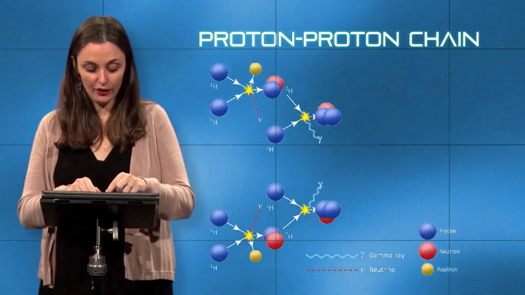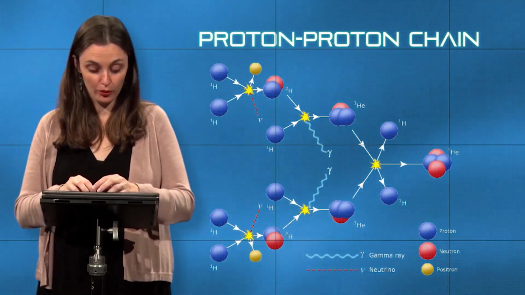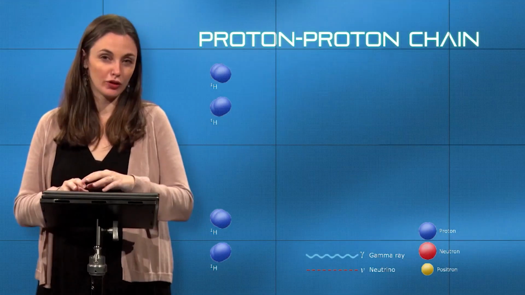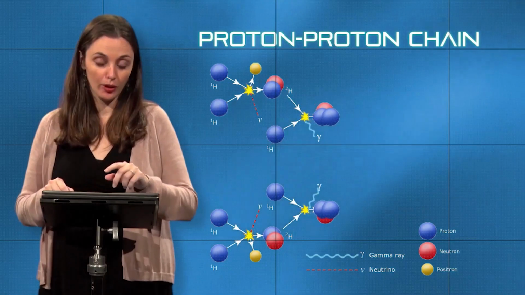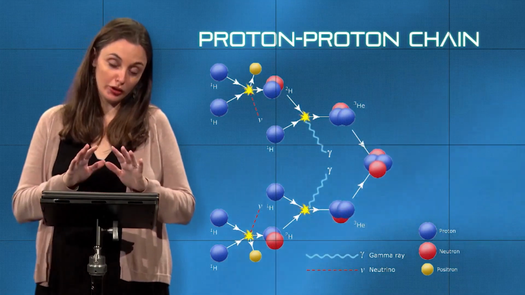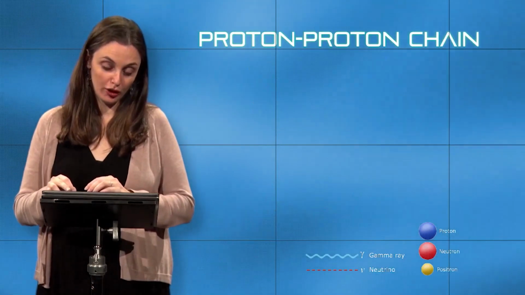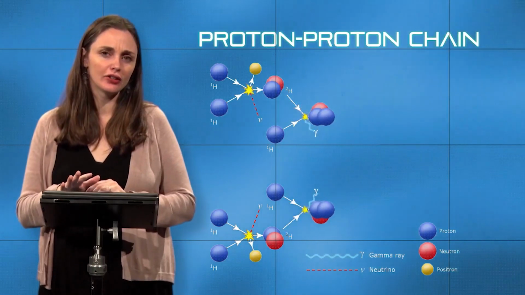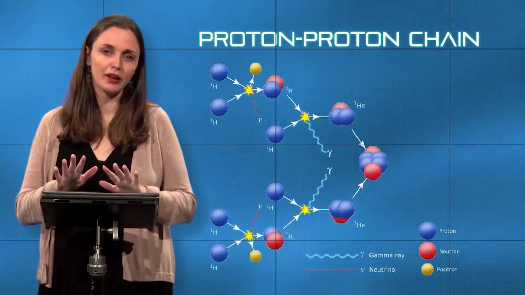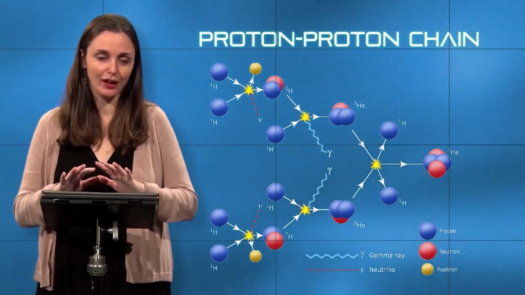Then they come together with eventually 2 more protons, and you get this weird version of helium that's kind of unstable with a mass of 3. You lose a couple of protons along the way, and what you ultimately end up with is 2 protons and 2 neutrons. All of the really nitty-gritty details are not something that I expect everybody to completely process and take away from this.